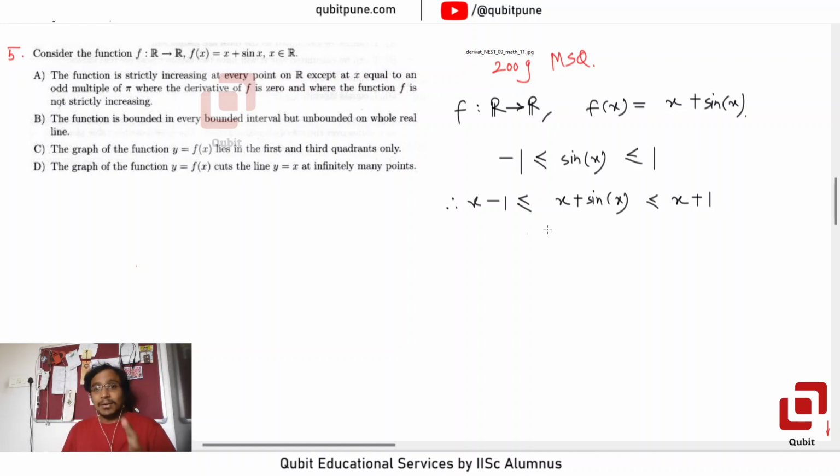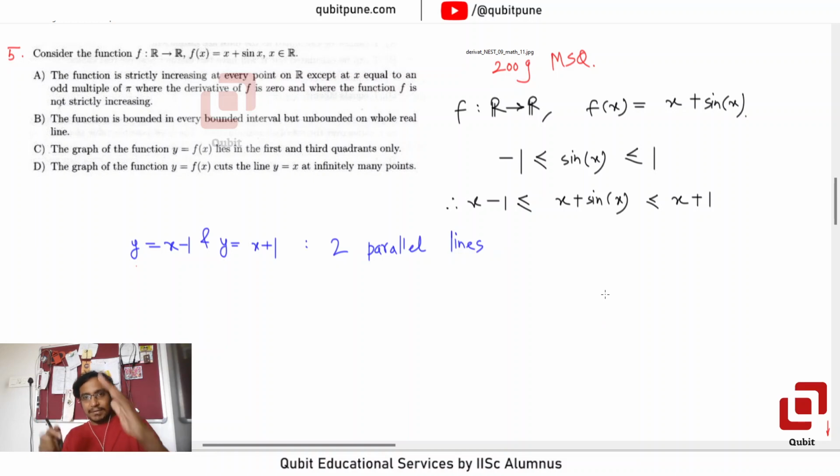Now look, what are y equal to x minus 1 and y equal to x plus 1? They are two parallel lines, correct? So our graph is sandwiched between the two.